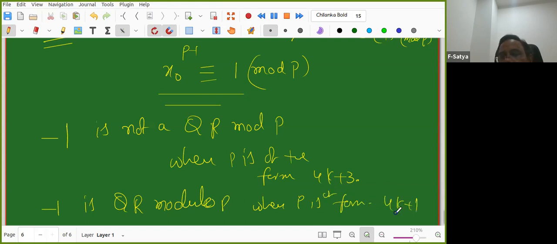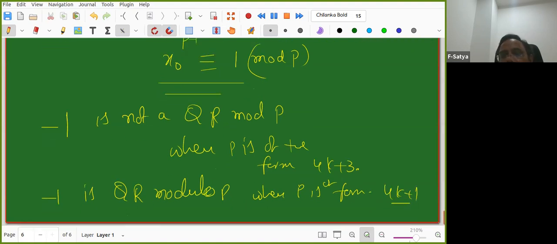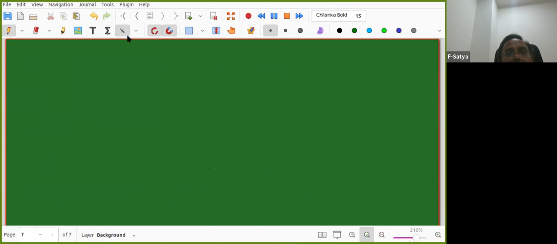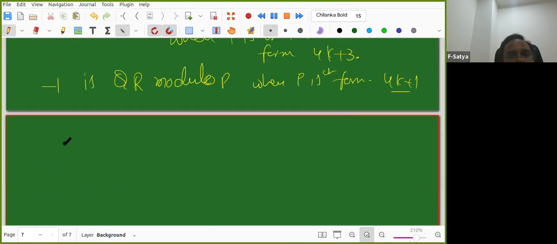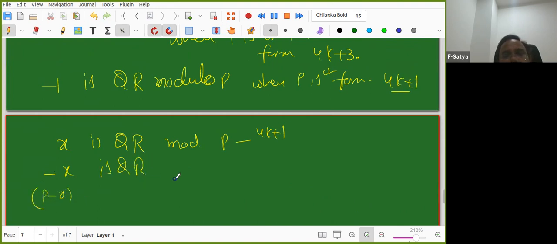Now from this, how do you prove that if x is a quadratic residue, minus x is also a quadratic residue? So I am given that x is a quadratic residue modulo p, which is of the form 4k plus 1. Then how do you show that minus x is also a quadratic residue? Minus x means p minus x, both are the same modulo p.